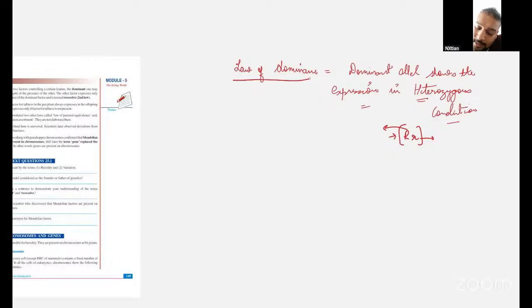Now, the second is the law of segregation.